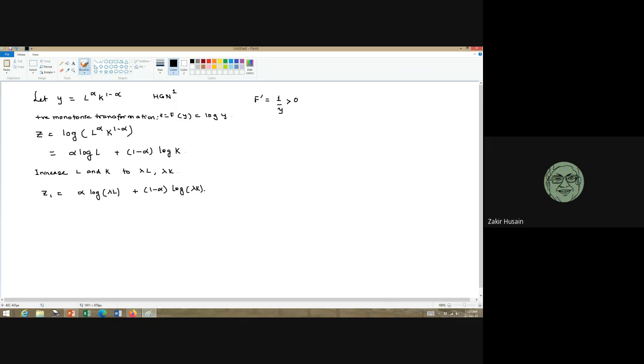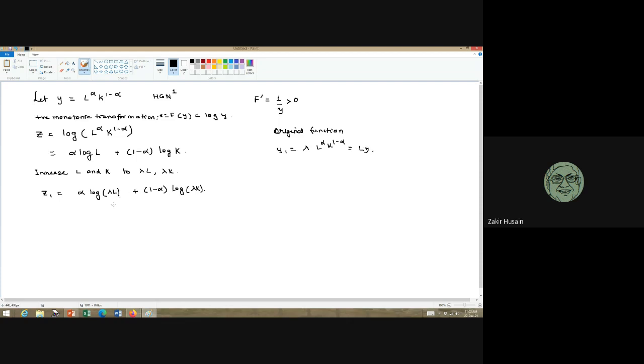So can you take lambda common? See over here, if you increase it by lambda, lambda is going to come out over here, right? You are going to have in the original function Y1 will be lambda Y. But here can you take out lambda?